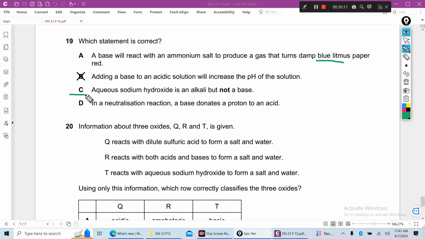C: aqueous sodium hydroxide is an alkali but not a base also, so this is wrong. D: in a neutralization reaction, a base donates a proton. No, a base accepts a proton, and an acid donates a proton. So B is the correct answer: adding a base to an acid solution will increase the pH of the solution.